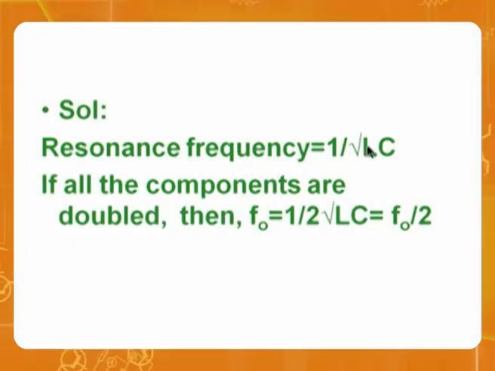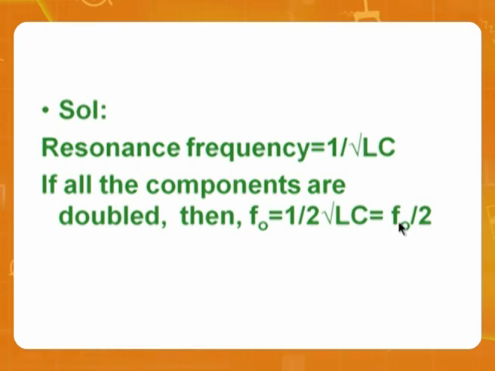Now it is for F0. F0 is independent of the resistor. So when you say the resonant frequency is 1 by root LC, if all the components are doubled, what will happen? L is double, C is double, it becomes 4. Root of 4 means 1 by 2. So, F0 by 2.